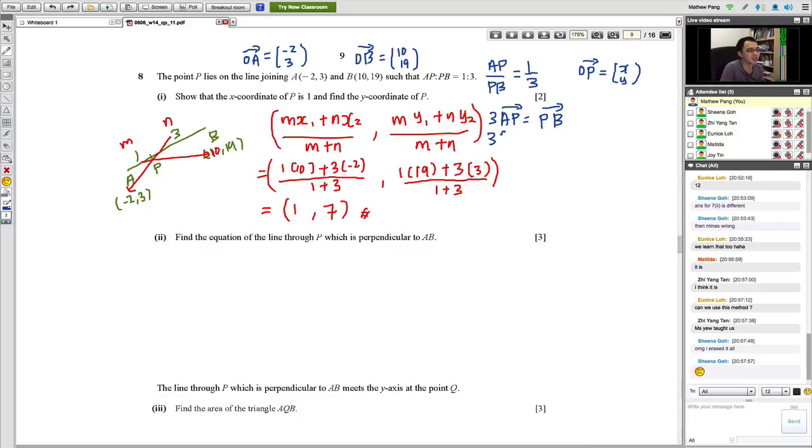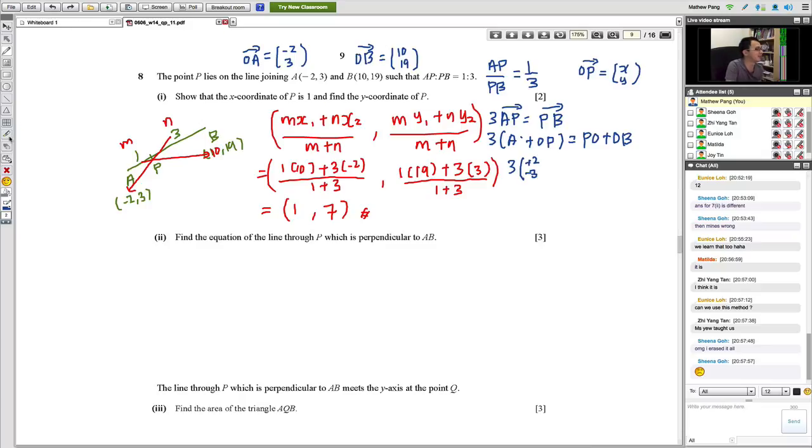So this is 3 AO plus OP equals PO plus OB. We know the AO and OA thingy. Never mind, I straight away substitute it. It's negative 2, 3. Oh, this is positive, this is negative because AO and OA is reversed.